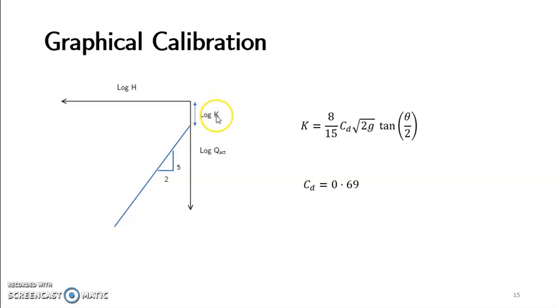From this log k we can calculate the value of k by taking the anti-log, and k is equal to 8 by 15 CD square root of 2g tan theta by 2. In the entire equation only the CD value is unknown to us, and it can be calculated using this mathematical relation, and it works out to be 0.699.